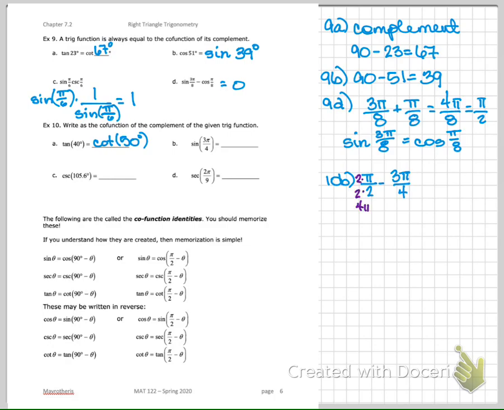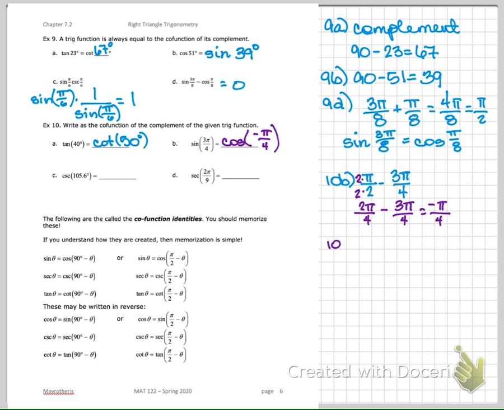Pi over 2 becomes 2 pi over 4, minus 3 pi over 4. Notice that when we subtract those, we get a negative pi over 4. Sometimes that happens. So cofunction of sine is cosine. Here the complement of 3 pi over 4 is negative pi over 4.